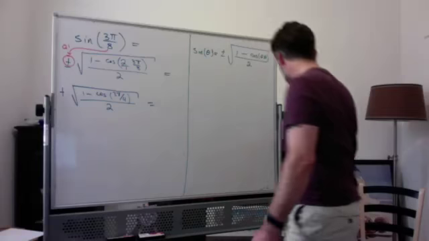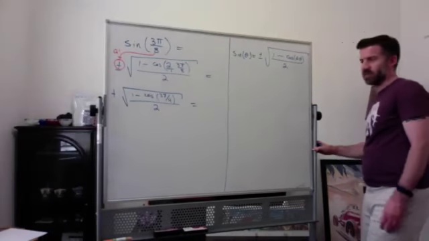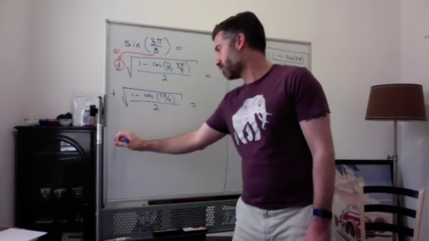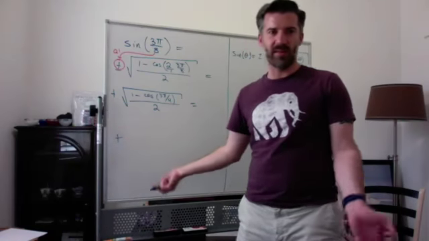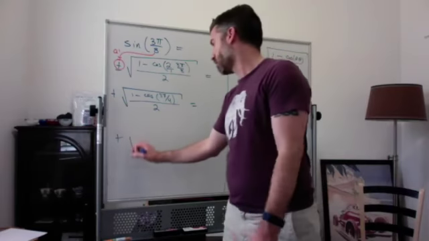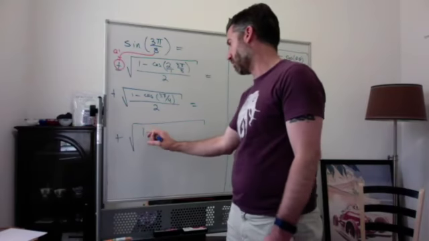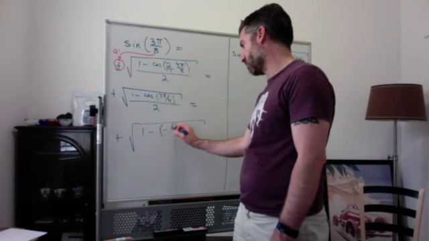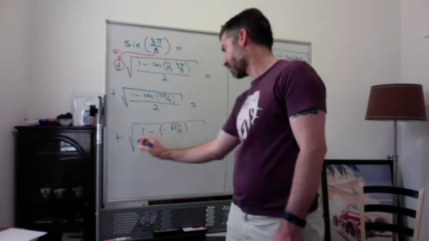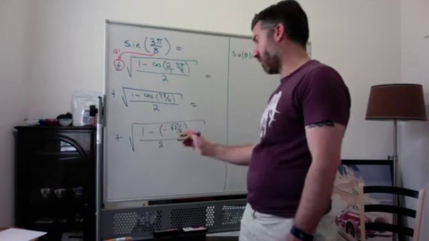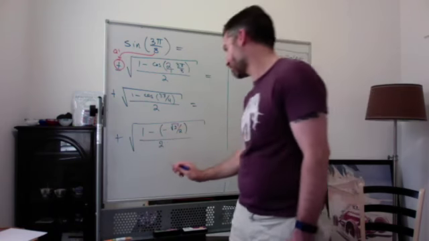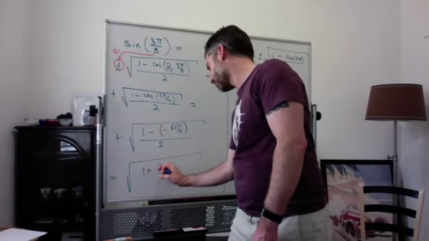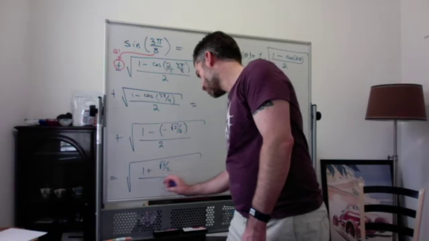Anyway, you don't need to write this plus sign every time. I'm just writing it to really emphasize it. 1 minus cosine of 3 pi over 4, which is negative root 2 over 2, all over 2, still all in the radical. This becomes plus. This is equal to 1 plus root 2 over 2, all over 2.